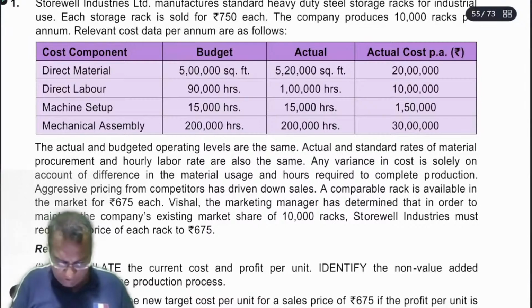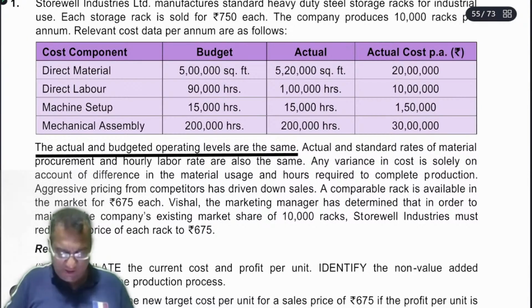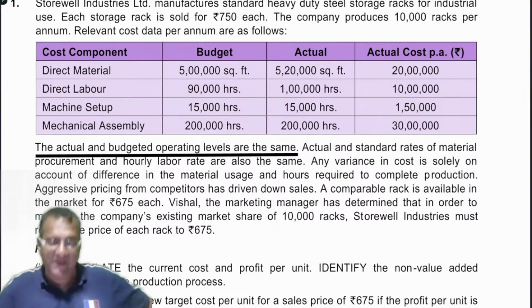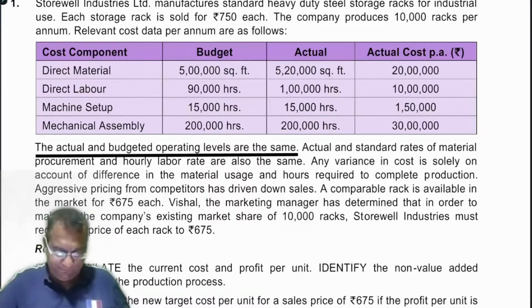Can you tell me what this means? What is the interpretation of this line? The actual and budgeted operating level are same. What does this mean? Please communicate with us.